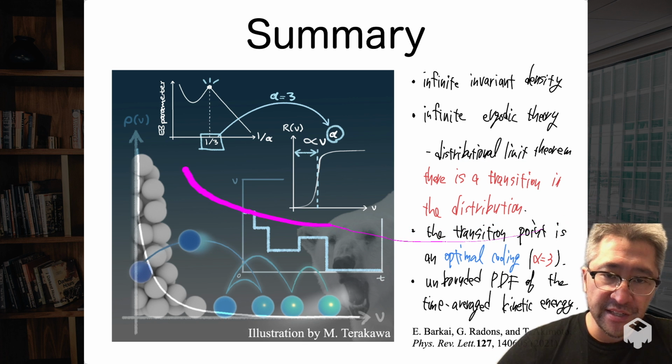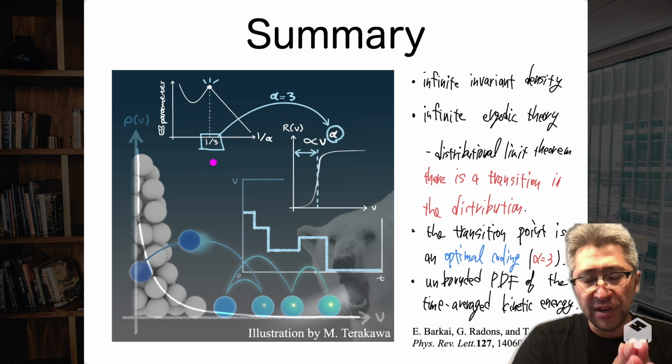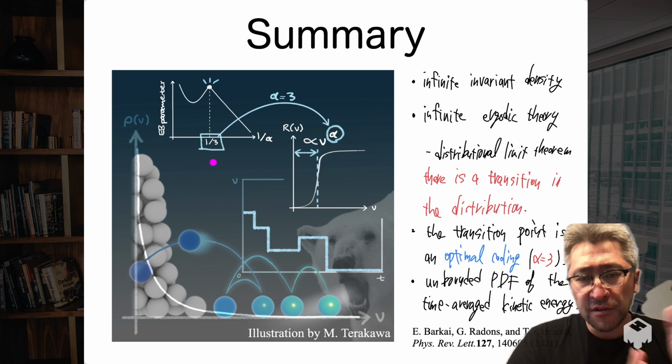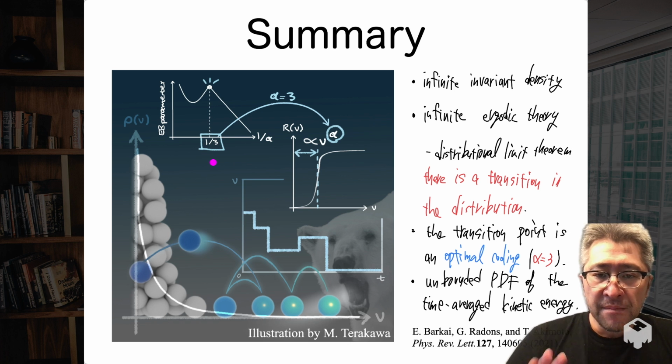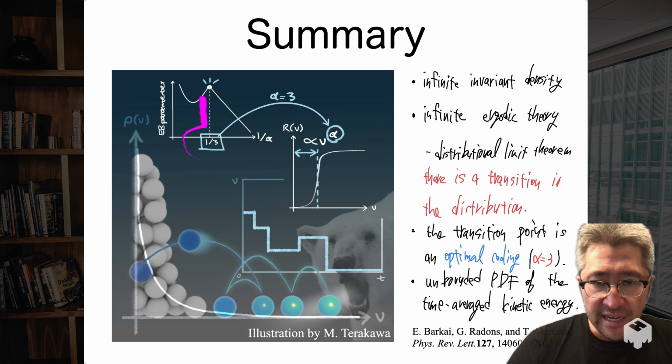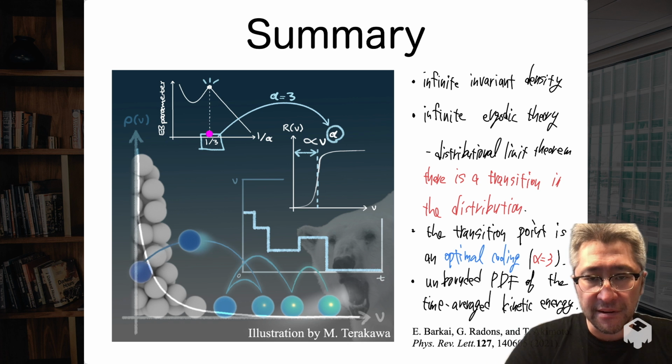The transition point is actually 1/3, but this point depends on the observable. Here we consider the time averaged kinetic energy, but if you consider another observable, like just the velocity itself, this transition point changes, because this transition point implies whether the observable is non-integrable or integrable. So it depends on the observable.